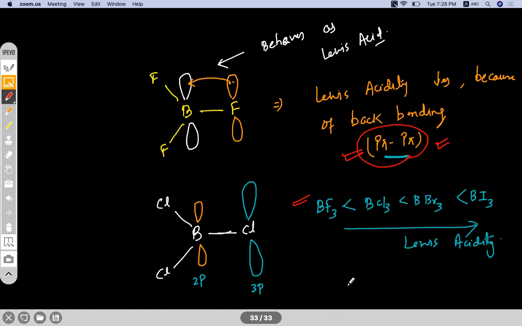Right? So BI3 is the strongest Lewis acid. BF3 is the weakest Lewis acid. Strongest one is BI3. Clear? Any doubt?